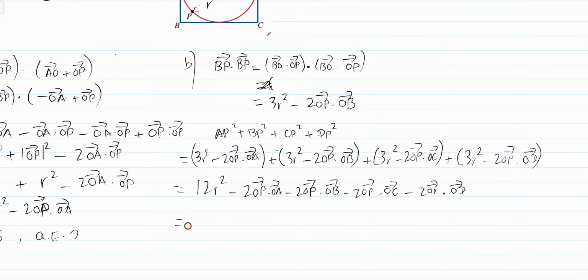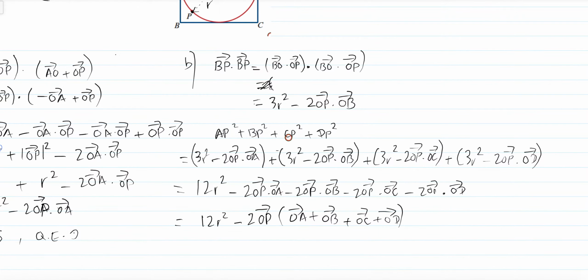Right, so 12R squared is still there, but you can factorize out vector OP, so 2 times vector OP. You can take that out, and what you end up with is OA. Since we also took out the negative, everything will be plus OA plus OB plus OC plus OD.